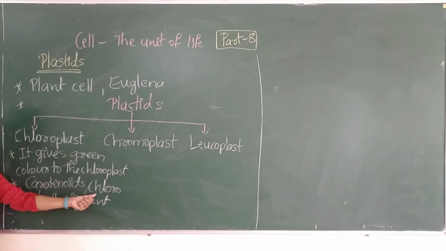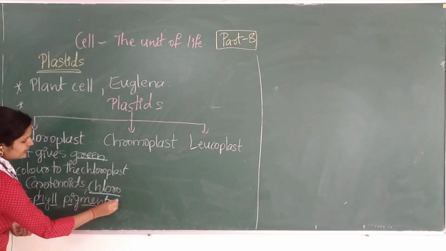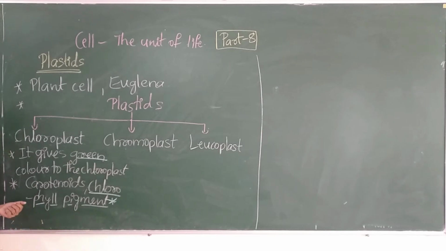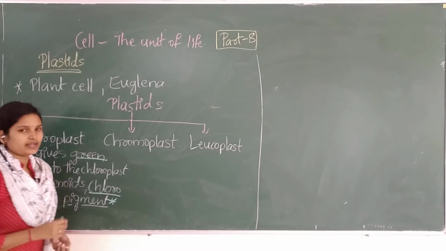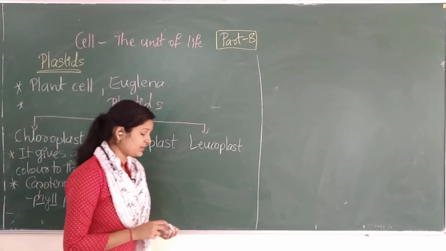Because of this chlorophyll pigment, the plant is having green coloration. Understood now? Chloroplasts are nothing but plastids, and these are the types of plastids.